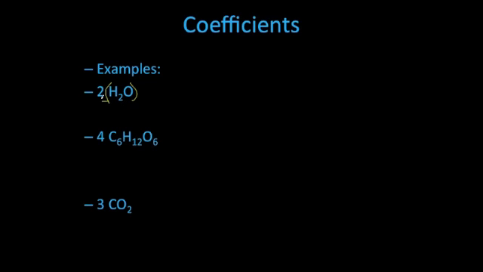That's like saying 2 times 2 hydrogen and 2 times 1 oxygen. So in 2 water molecules, 2 times 2 hydrogen equals 4 hydrogen, and 2 times 1 oxygen equals 2 oxygen. In 2 water molecules, you have 4 hydrogen atoms and 2 oxygen atoms.